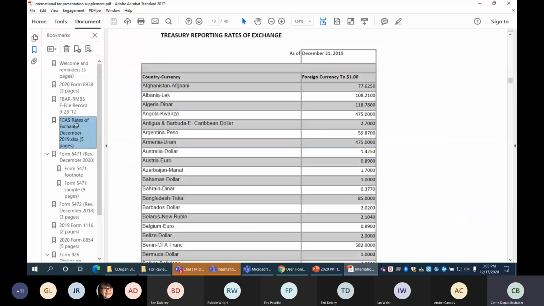We get our exchange rate from the Bureau of the Fiscal Service. Their historic exchange rates are published quarterly, and those will give you the rate. I just showed here in my example the exchange rates for last December 31st that we would have used on our Form 114s from the prior year.